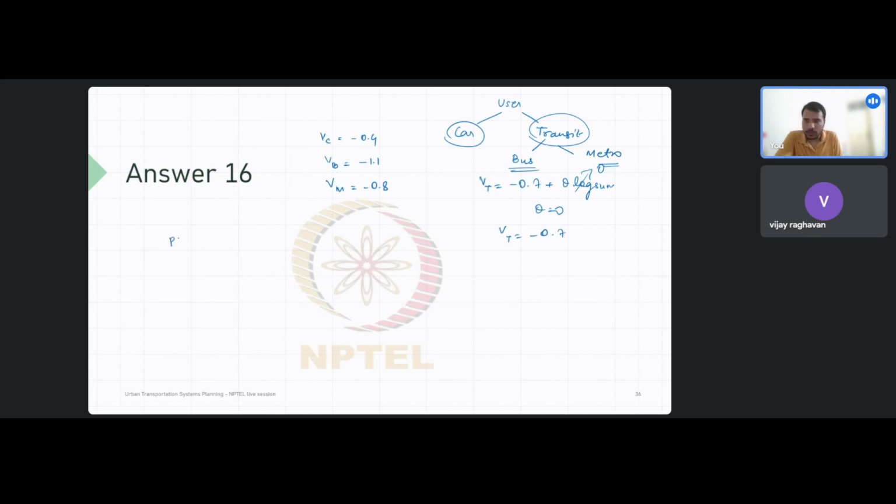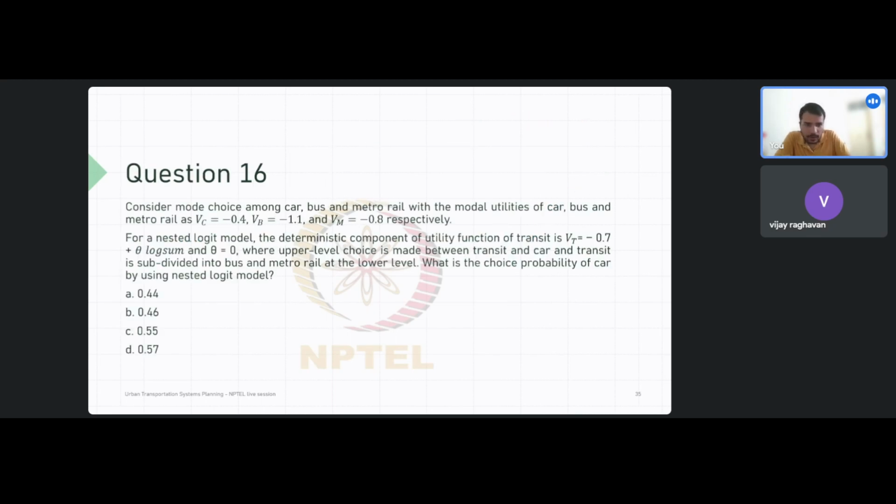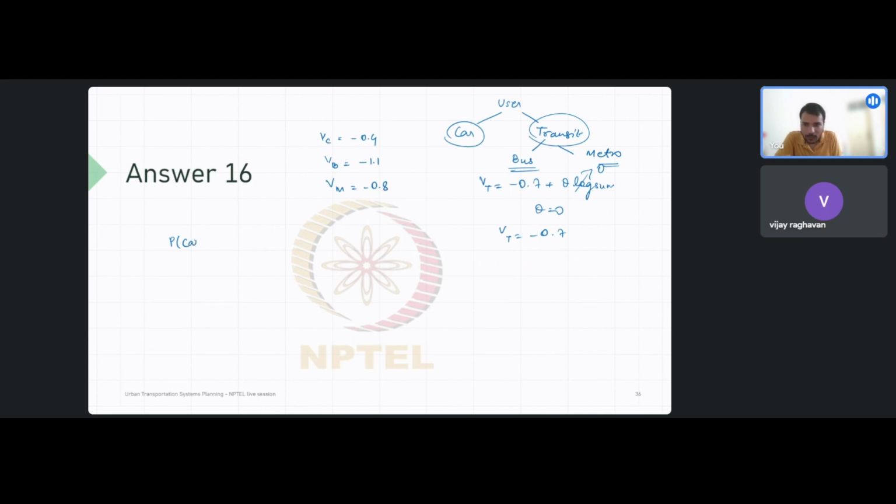Here we have to find the probability of choosing car. Yes, so the probability of car will be e to the power Vc over e to the power Vc plus e to the power Vt, because we are choosing between car and transit; here we don't care about bus and metro, because we have combined bus and metro into transit, one mode. So e to the power minus 0.4, and e to the power transit utility, minus 0.7, which is given here. Let's find it.